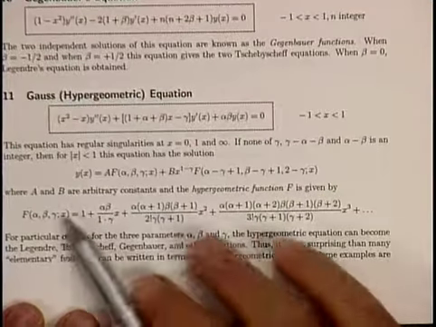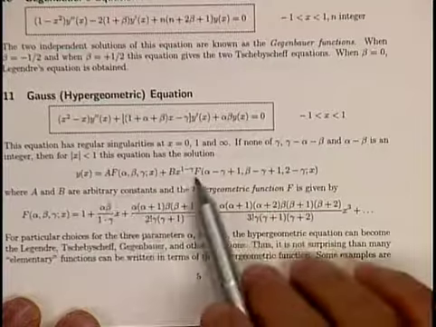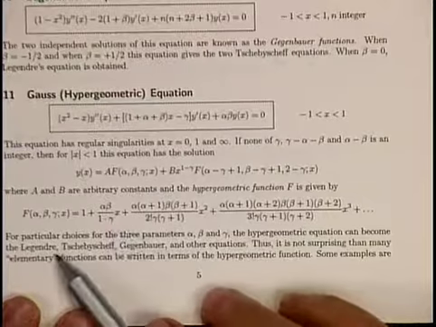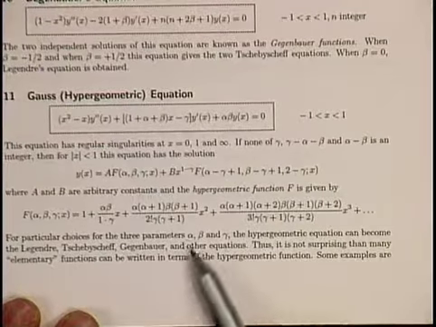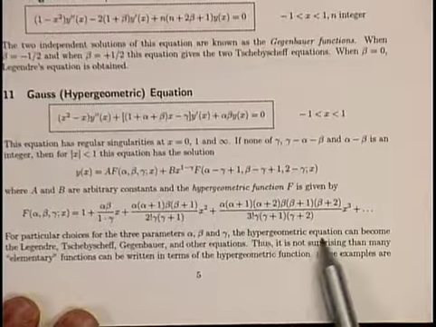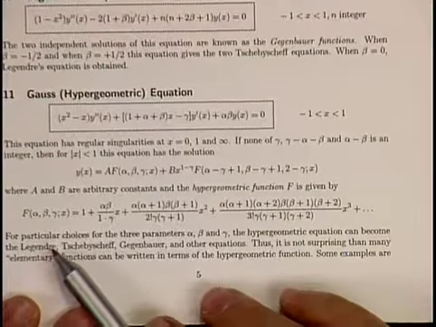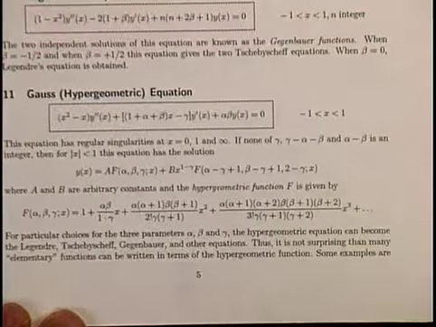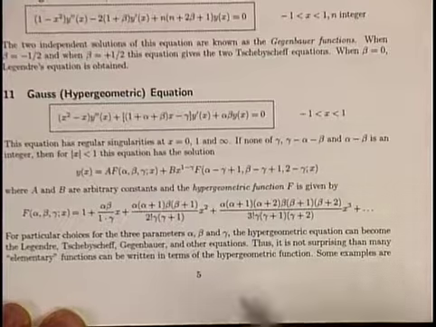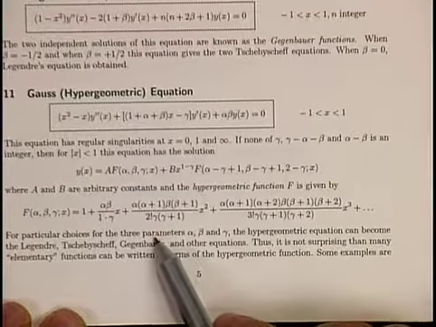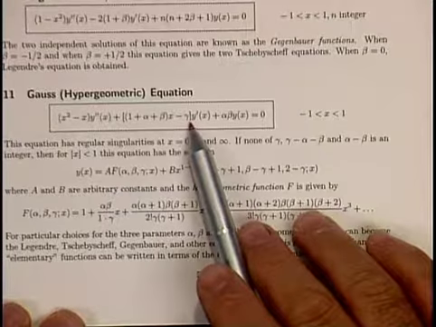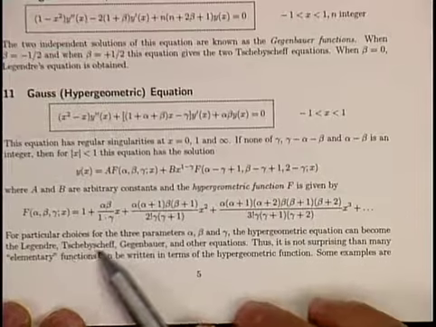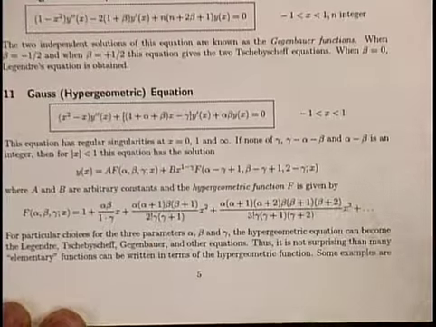The most important part about this hypergeometric function f is that for a particular choice of the three parameters, alpha, beta, gamma, the hypergeometric equation can become, for example, the Legendre equation, or you can turn it to the Chebyshev or Gegenbauer or any other equation.